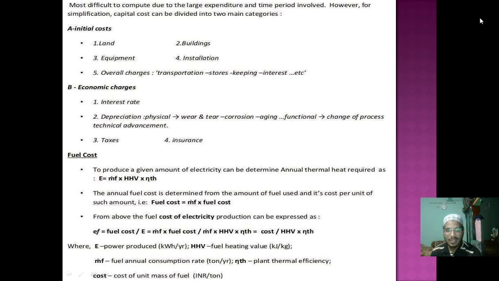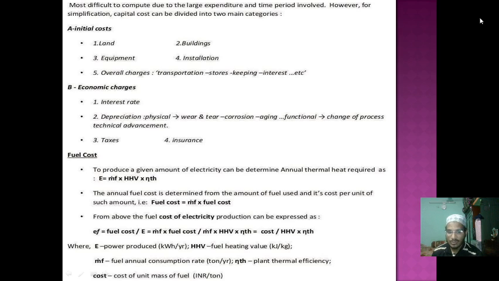So we can consider the fuel cost is equal to MF into fuel cost. Here MF is the fuel annual consumption rate, in ton. MF is ton per year, how much fuel we are taking in terms of ton capacity per year. And nth is the plant thermal efficiency, how much it is over the duration of the year.